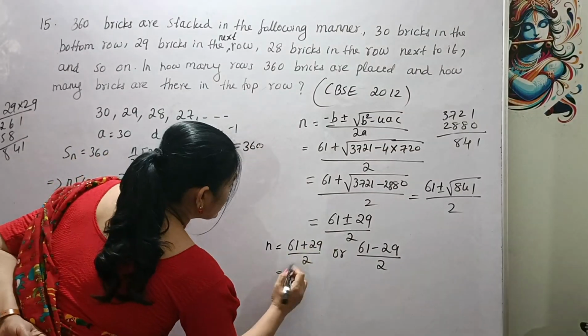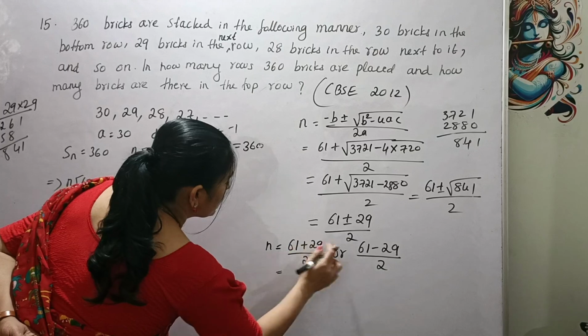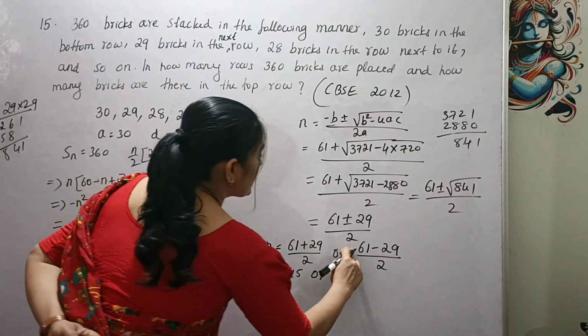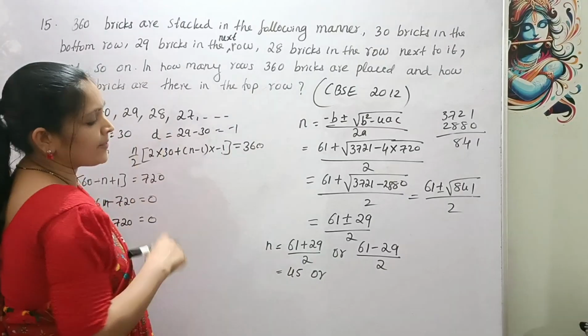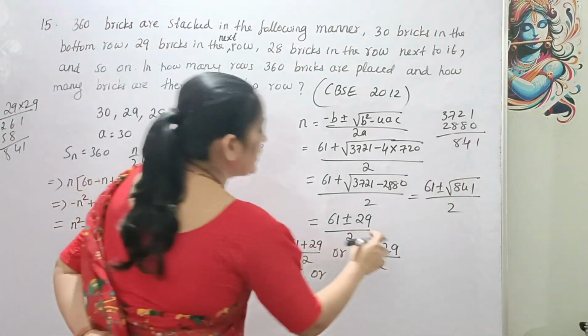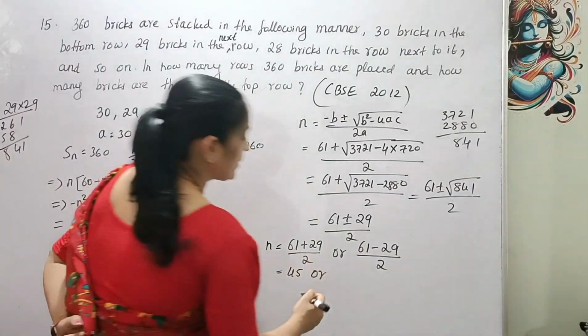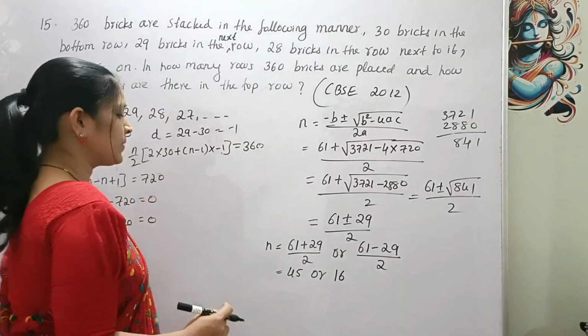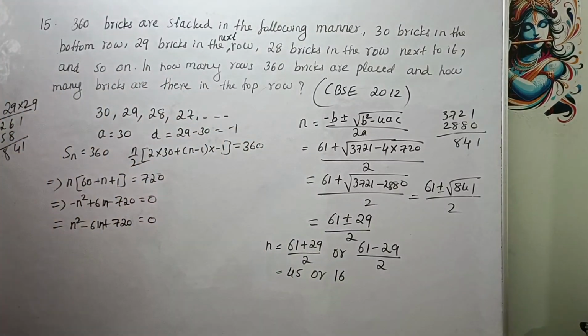So here 61 plus 29 is 90, 90 divided by 2 is 45. Or here 61 minus 29 is 32, 32 divided by 2, that is 16. Okay, so we have got two values, n is equal to 45 or 16.